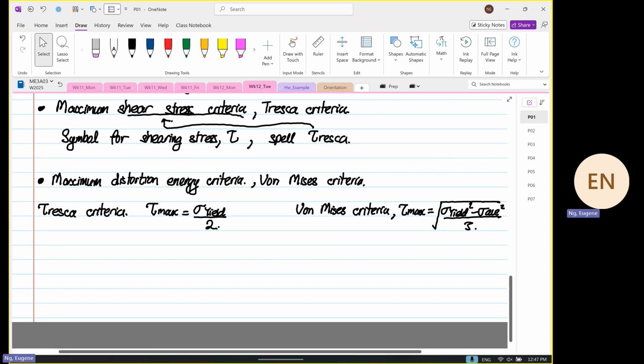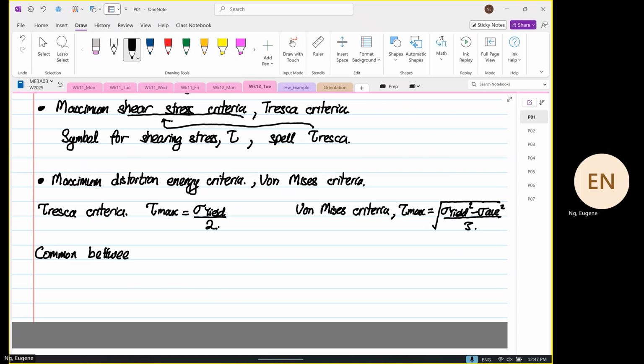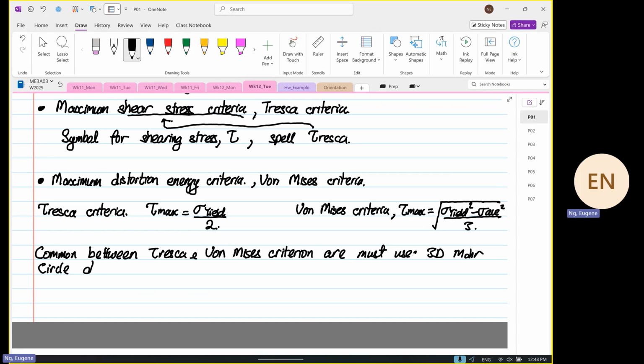So the thing that is common between Tresca and von Mises criteria are Mohr circle during analysis.